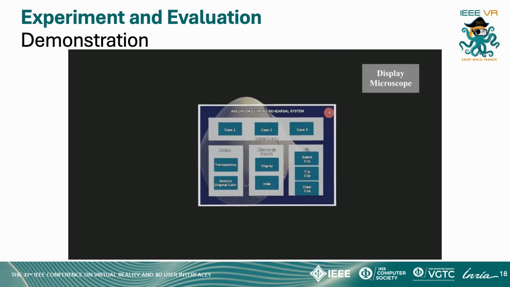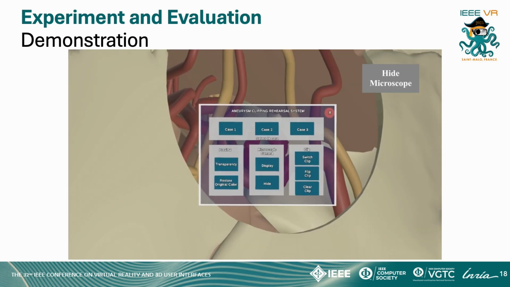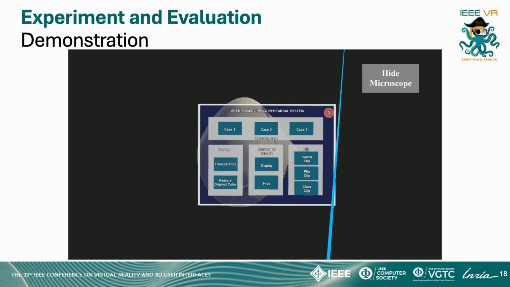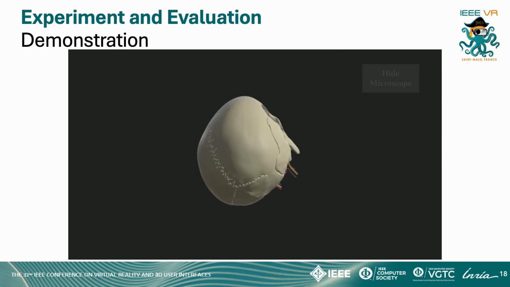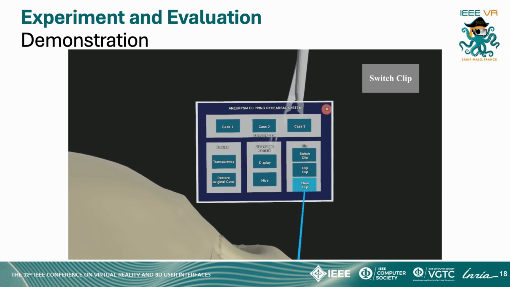To simulate the clipping procedure more realistically, we switch to the microsurgical view. The system has 2 types of clip models preloaded, and they can be flipped based on the surgical approach.